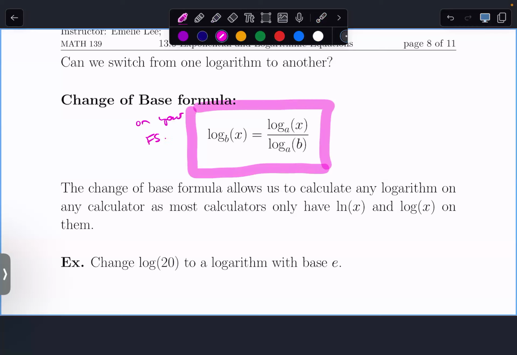On your formula sheet, it's that one that we've been kind of dodging. E is Euler's number. It's the irrational constant 2.71828, and so on.